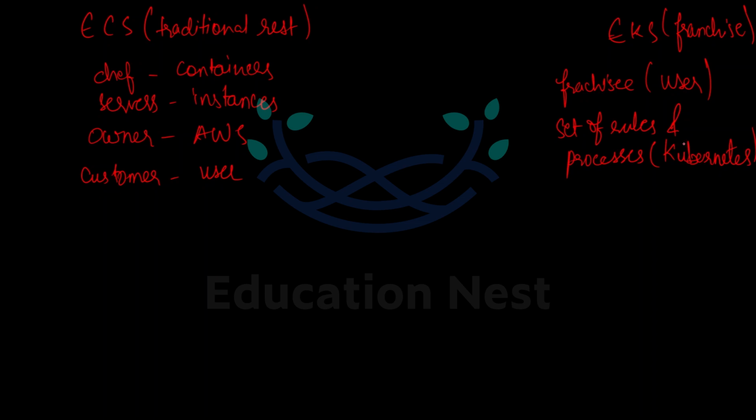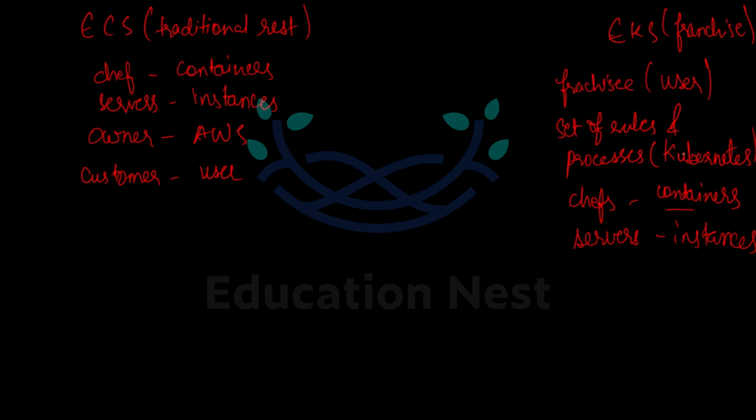The person owning the franchisee is responsible for managing their own resources and infrastructure, including chefs and servers. Chefs again are the containers. So users are responsible for managing the containers as well as the instances. A franchisee can scale up and down the restaurants to handle the workload, and customers can interact with the restaurant using a standardized set of rules and processes.